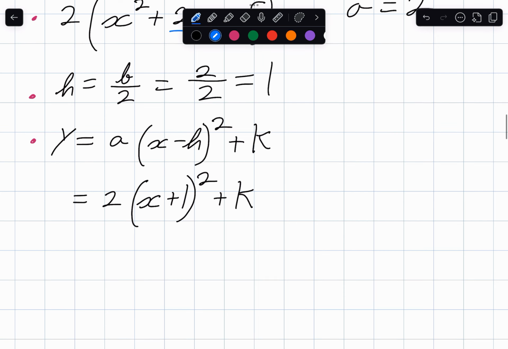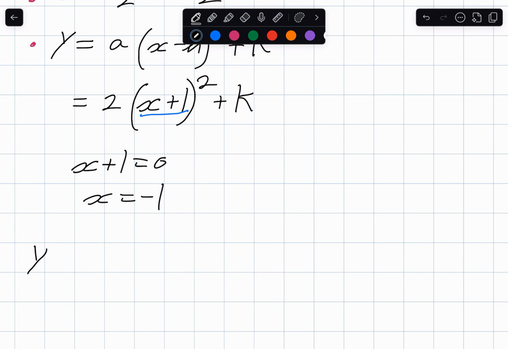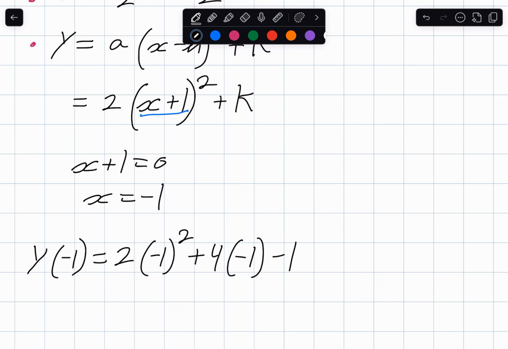If we want to find k, we need to set whatever we have inside here equal to 0. So this is x minus h, so x plus 1 equals 0. This just means x equals minus 1. Now what we can do is substitute our x value into our quadratic function. We simply evaluate this, and we are going to get minus 12, and that's going to be our k value.